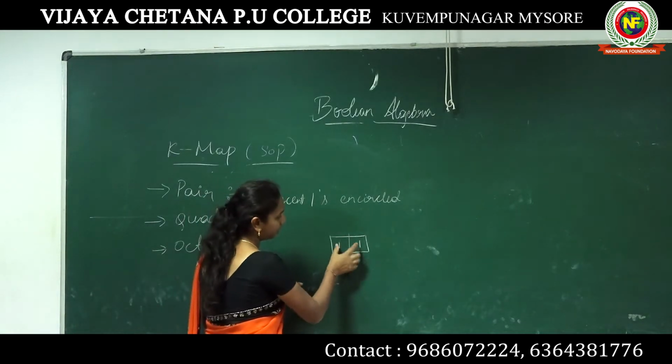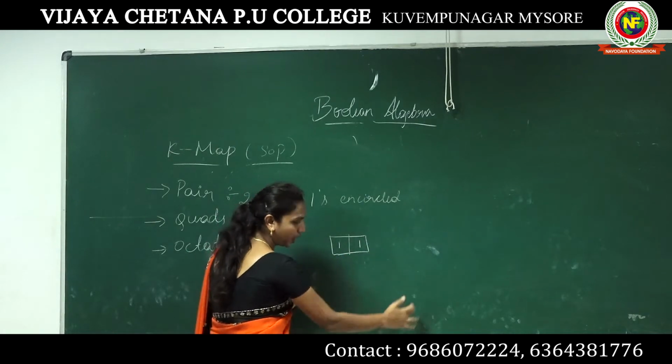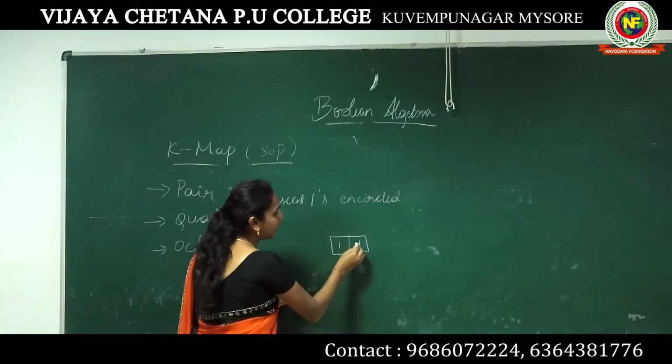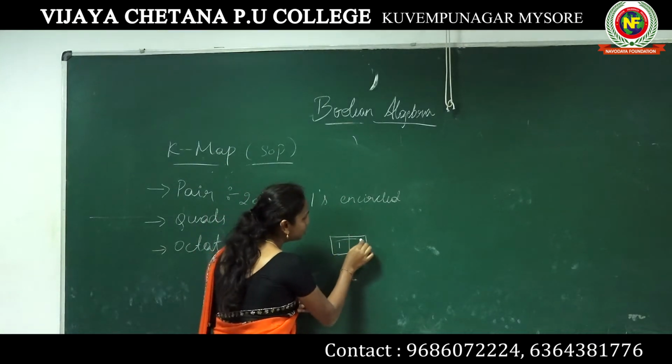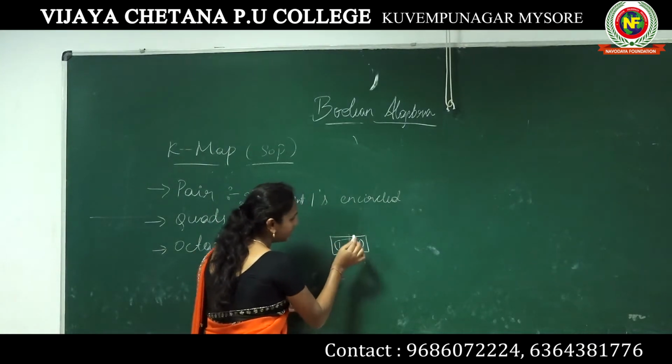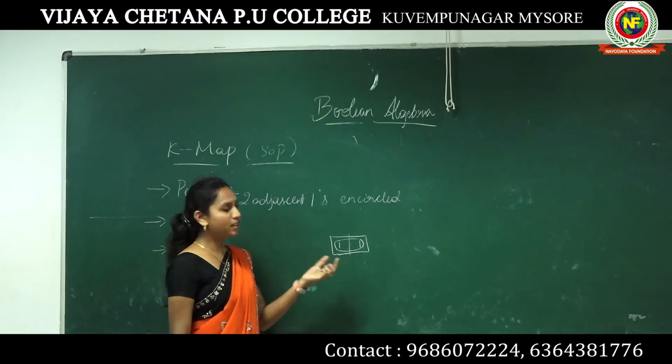See here, in a K-map, 2 ones are adjacent. They are placed together. So these ones are encircled. This is called a pair.